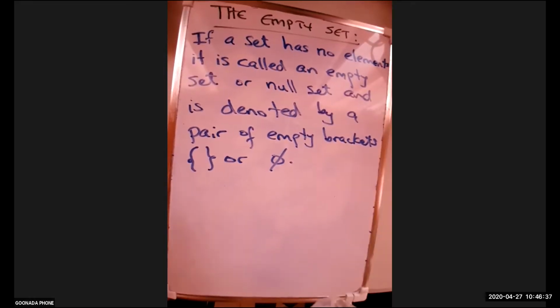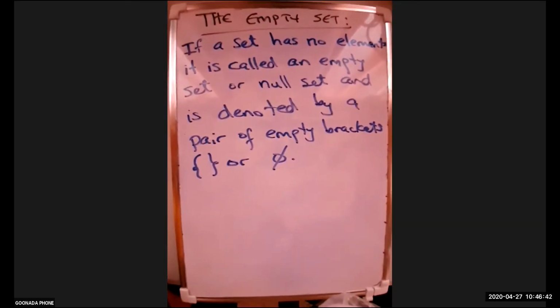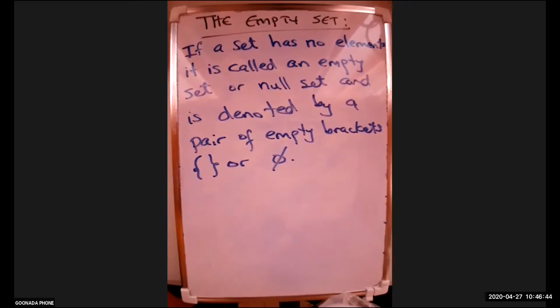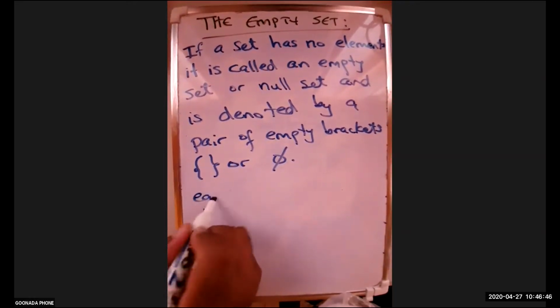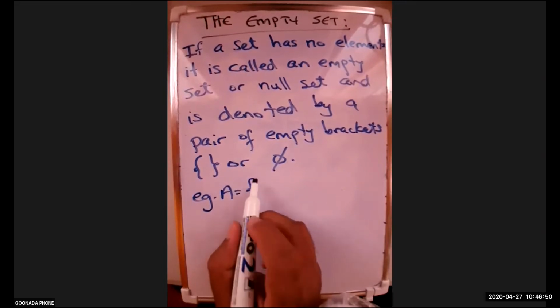Okay, so let's continue with the note then. So for example, A is humans with 40 toes.